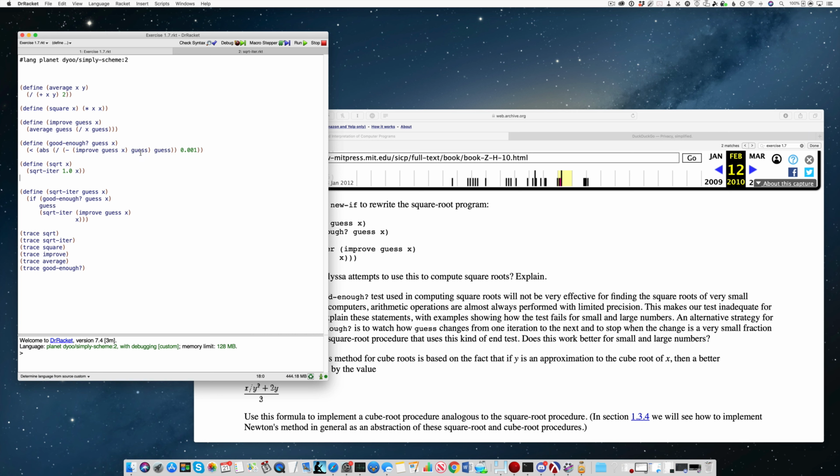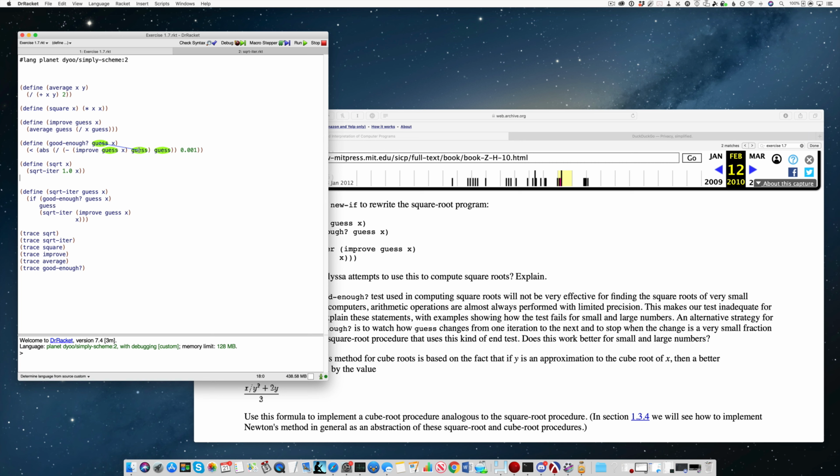So mathematically, actually, I'll just finish the thought. You give it the first guess, and then you can call improved guess within good enough, and then you can compare the two values. You've got guess, and you've got the improved guess.